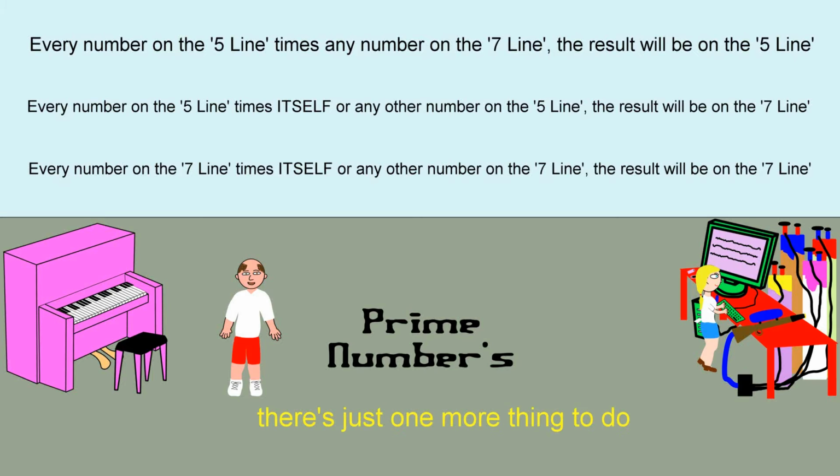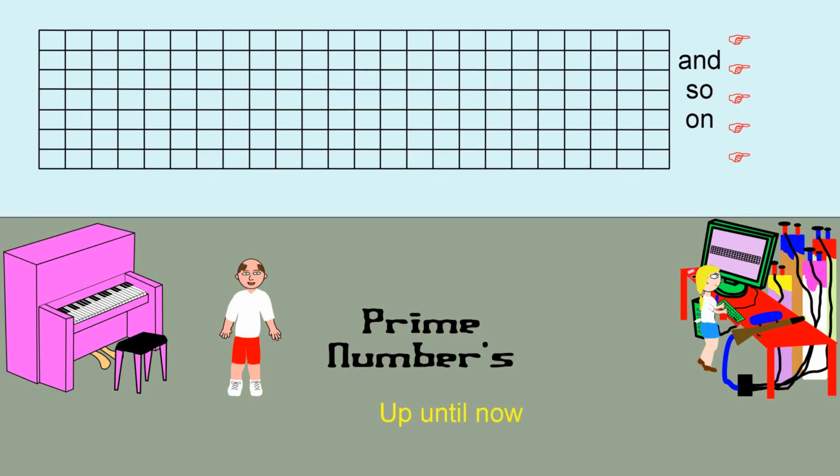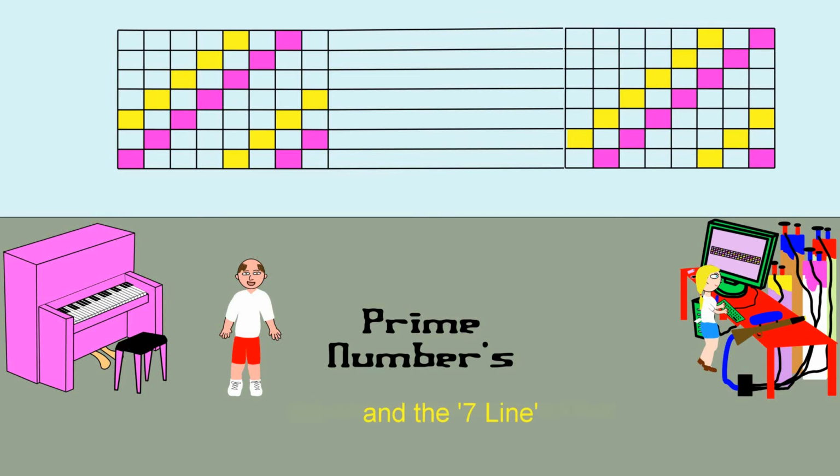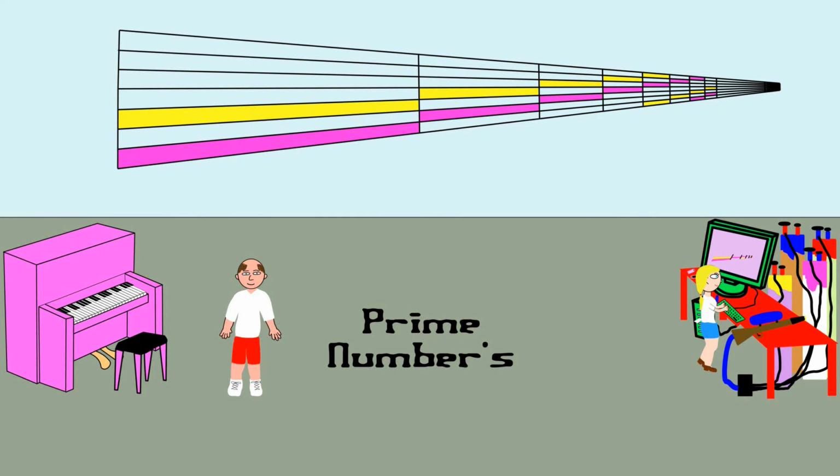Now, there's just one more thing to do, and this is just an adjustment to the grid for our own benefit. After that, we'll start the process for finding prime numbers. Up until now, I have been saying "and so on" when referring to the length of the grid, implying that we could extend the 5 line and the 7 line and the symmetrical patterns as far as we want.